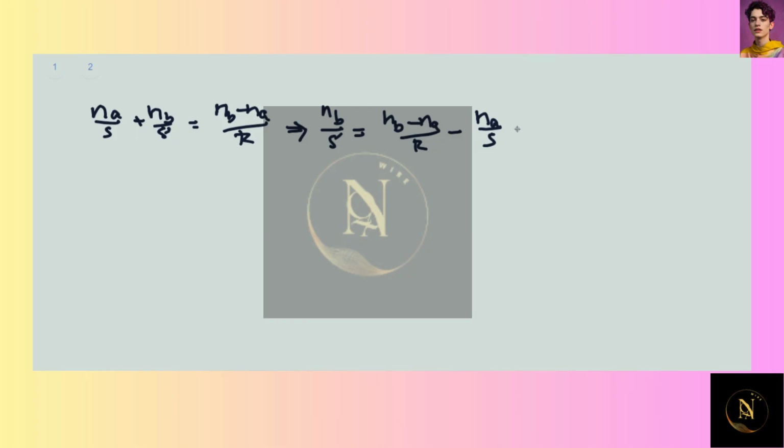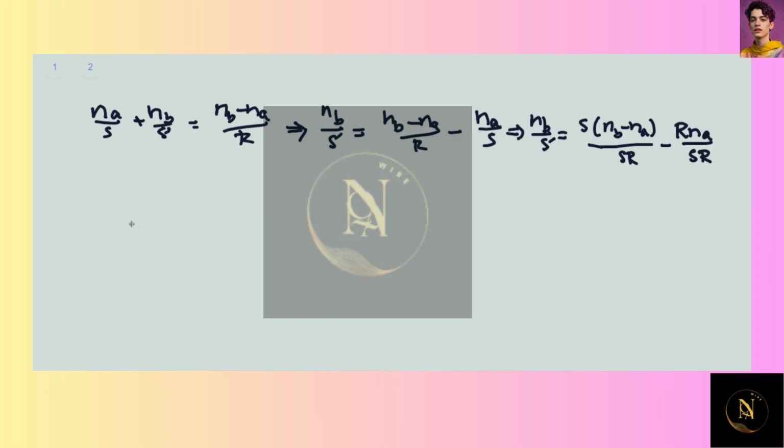So then I have NB over S prime is equal to S times NB minus NA over SR, and we subtract from that R times NA over SR.